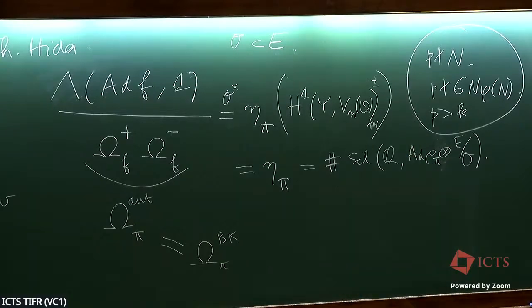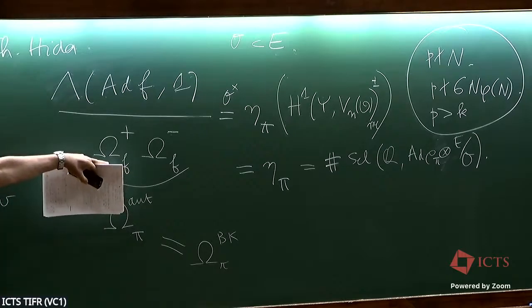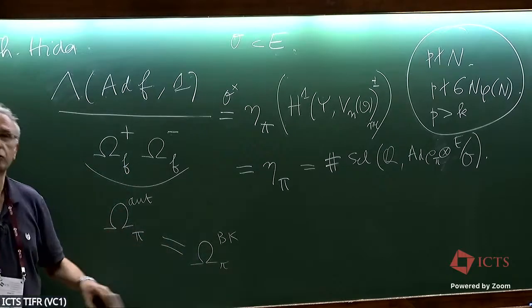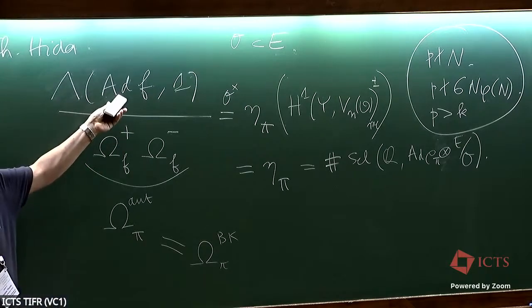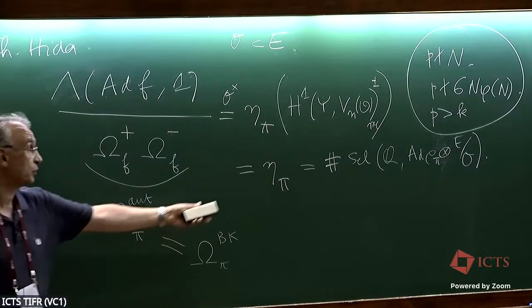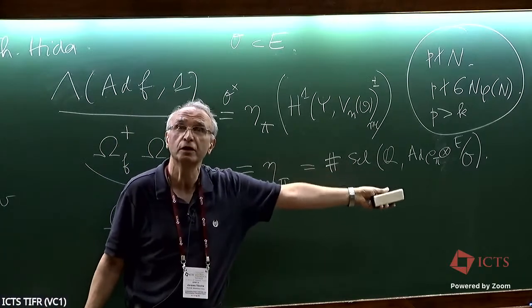No, omega pi automorphic is defined now. This is my definition of omega pi automorphic. Omega pi Bloch-Kato is a number defined by Bloch-Kato such that the L function of this motif divided by this period is the cardinality of Selmer of this motif.